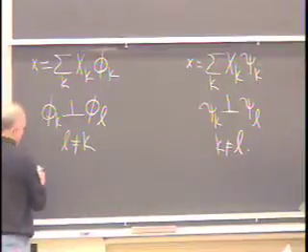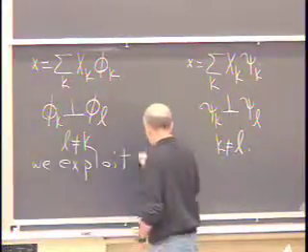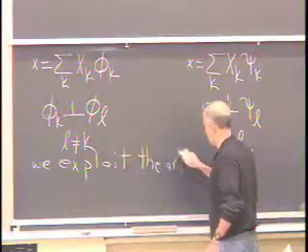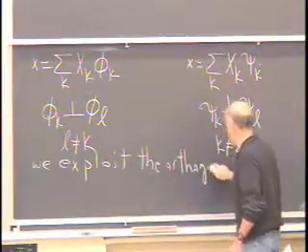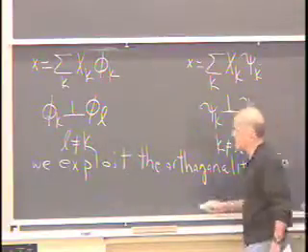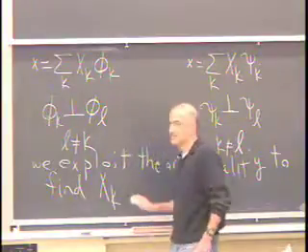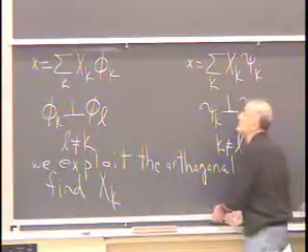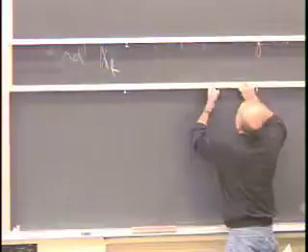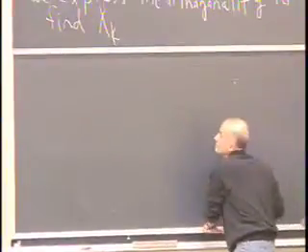We exploit this to find the x k's. And that's where we speak about the notion of an inner product, or the dot product.